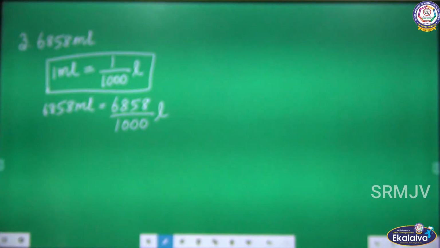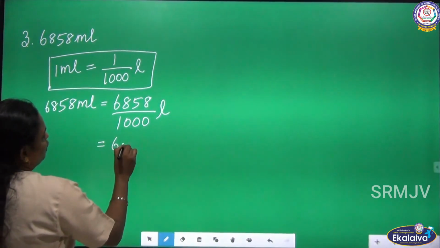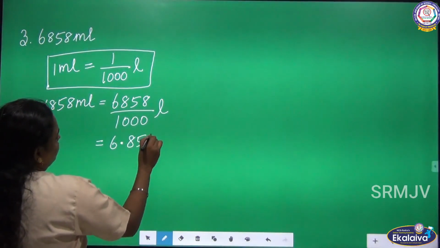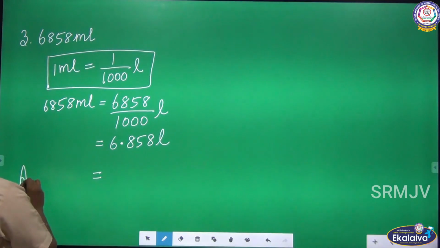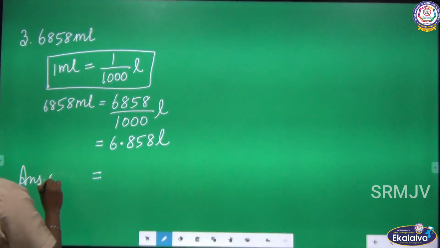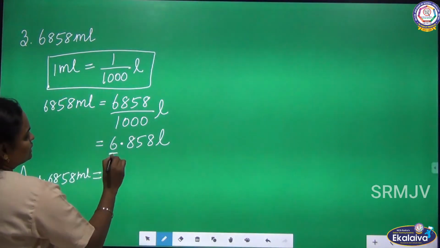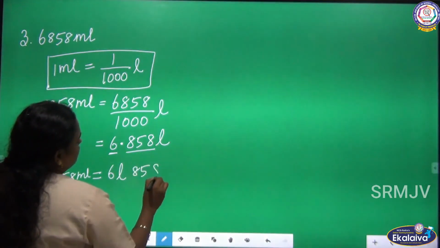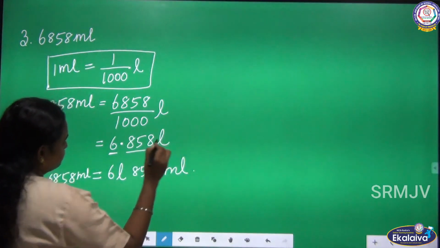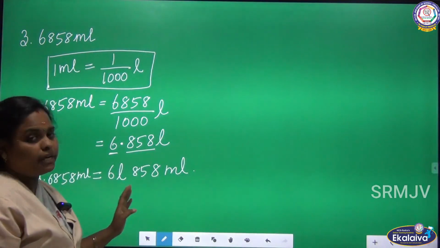So how many decimal places? 3 decimal places. So 6.858 liter. So how many liters, how many milliliters? 6858 milliliter equal to 6 liter 858 milliliter. So we have completed exercise 1.3.